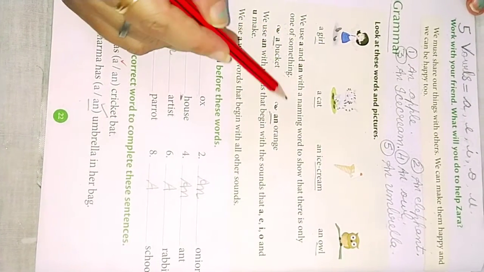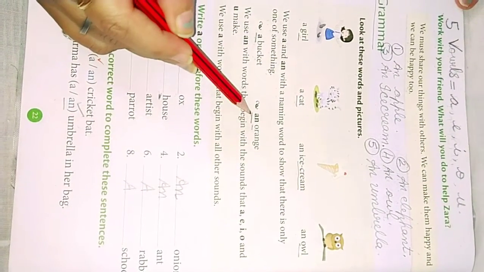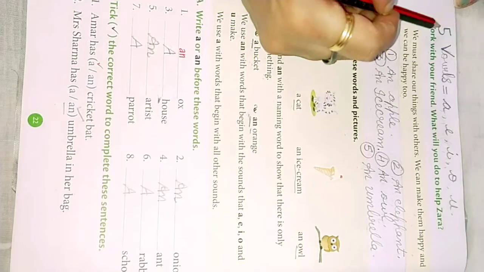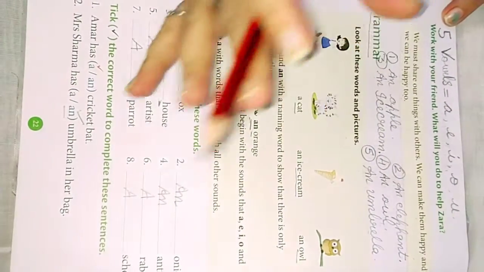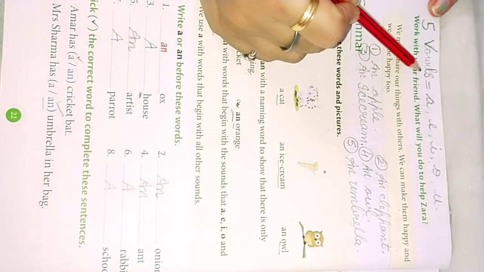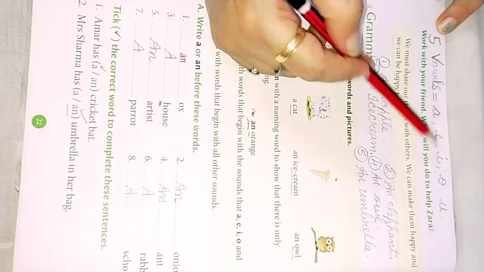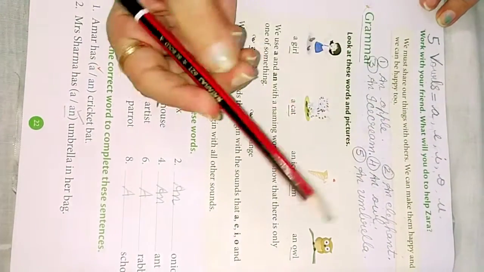Now why is a used here and an used here? Because with vowels, you always use an. So on top you write, there are 5 vowels. I taught you in the previous chapter, there are 5 vowels. Write A, E, I, O, U on top clearly like this.